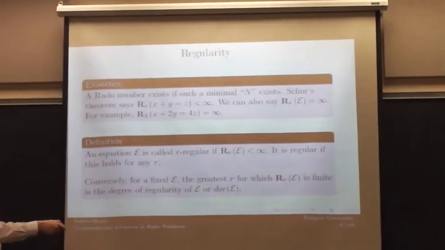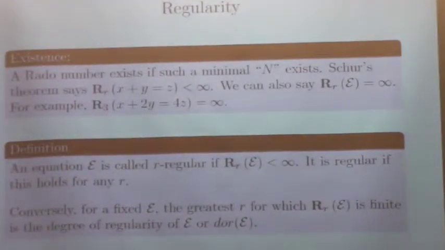The degree of regularity of a particular equation is how many R's you can say it's regular for. So here, it's not 3, as it turns out it's 2 for that particular equation. Whereas for this one, the degree of regularity is infinite, because you can do it for any R.